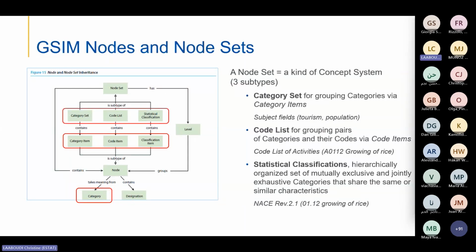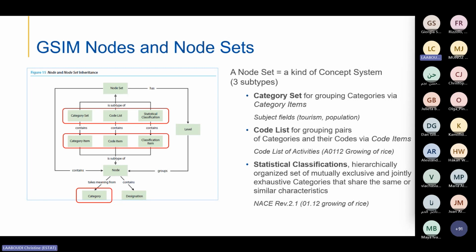So the node set is a kind of a concept system, what Dan call a conceptual domain. And so we have for the category, a category set that contain the category via category items, or a code list that contain the code via the code items.